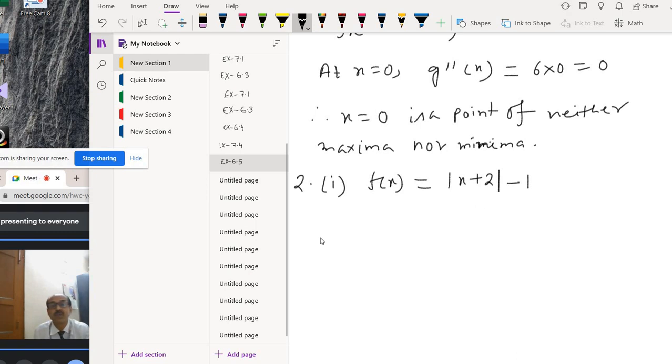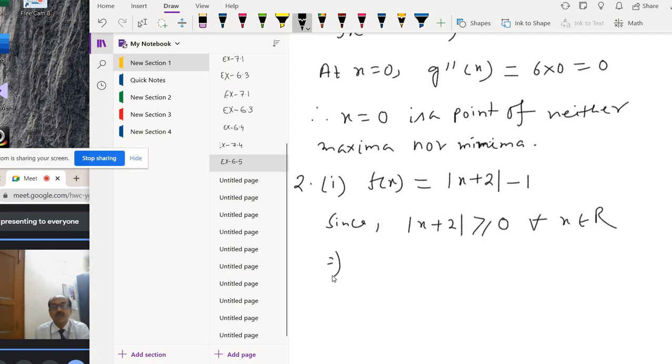Okay, so we know mod value is always positive, that means greater than or equal to 0, no? Since mod of x plus 2 is greater than or equal to 0 for all x belongs to R, for any real number, because mod of a minus value is positive only.